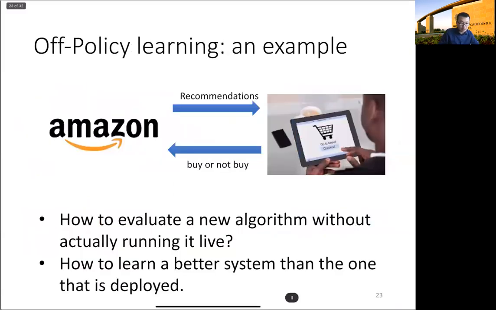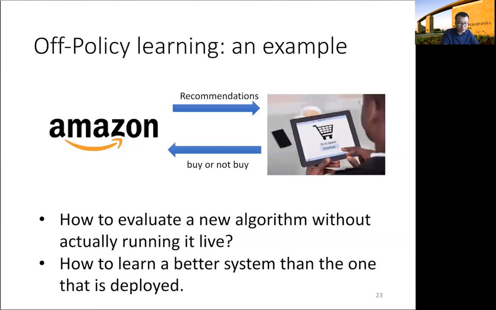As an example, in a simplified model, let's consider a recommendation system. If the company is recommending items to users and users are deciding what to buy or not to buy, you can model this as a reinforcement learning problem, where the recommendations are the actions, and the clicks and purchase decisions of the users are the feedback you provide to the learner.